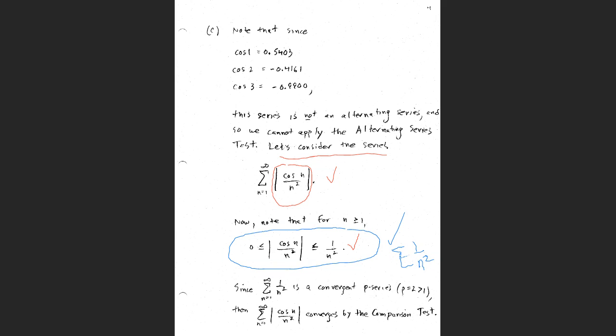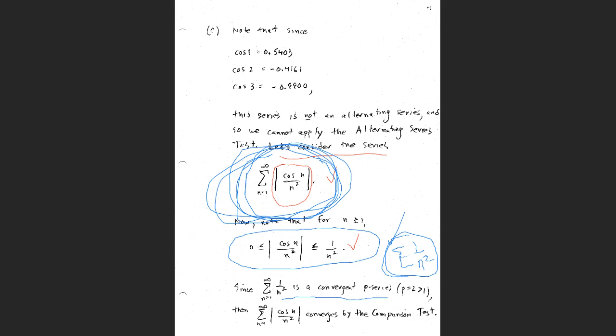So what we're going to do is look at the p series and compare this series here with this p series. We know that the sum from n equals 1 to infinity of 1 over n squared is a convergent p series because p equals 2, which is greater than 1.